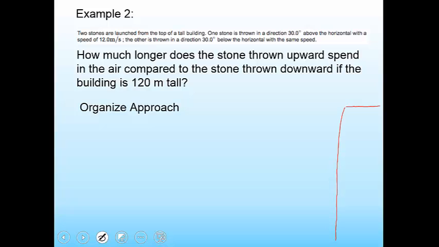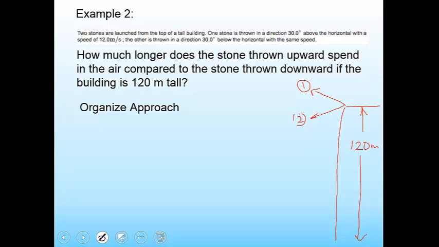The building is 120 meters tall, and there are two stones, stone 1 and stone 2, and they're each thrown off at different velocities. The speed is the same, the velocity is different because of the direction being different.